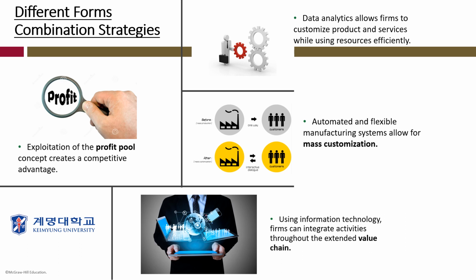For the profit pool, it is the total profits in an industry at all points along the industry value chain. So the structure of the profit pool can be complex. The potential pool of profits will be deeper in some segments of the value chain than others, and the depths will vary within an individual segment.